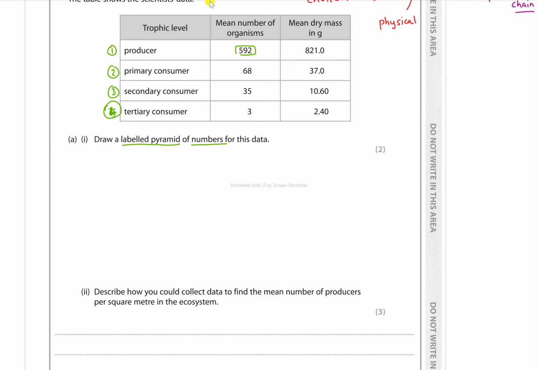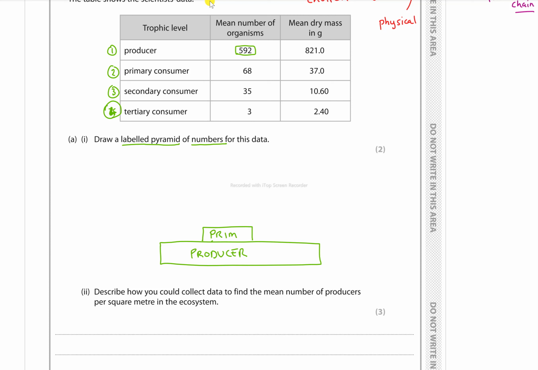What I tend to do is start at the bottom with the producer, 500. The next is just over 50, so it'll be about a tenth of the size.